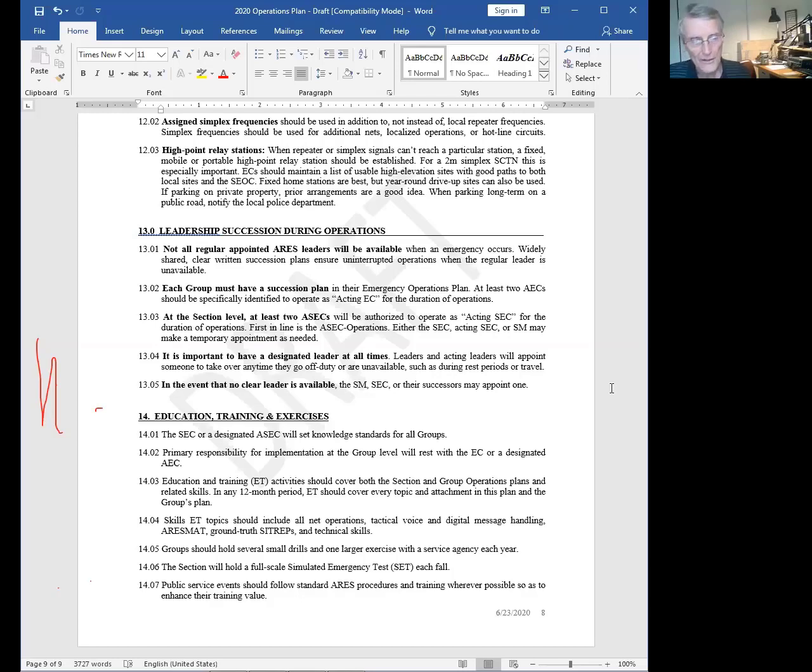Where you end up with a problem, however, is when you don't have anybody to make the tough decisions about resources. We get a call to operate on the behalf of 5 or 6 agencies. You only got enough staff for 1. Who do you send it to first? And that's a discussion that's got to be had at the local level and also at the section level.